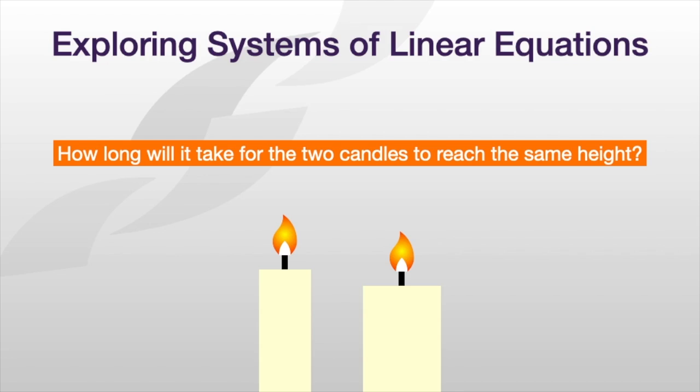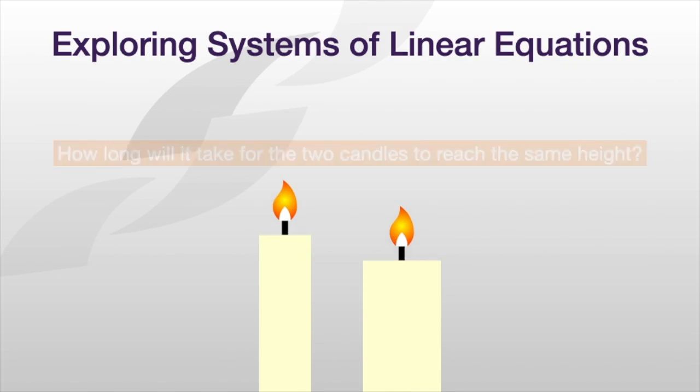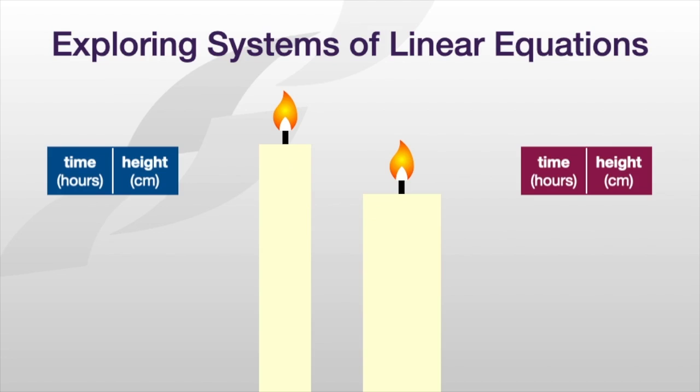It would be helpful to have more information, namely, the heights of the candles at different moments in time. This data can be collected, then organized in tables. When the time elapsed is equal to 0, the initial height of the first, taller candle is 20 centimeters. After 1 hour, its height measures 18 centimeters.